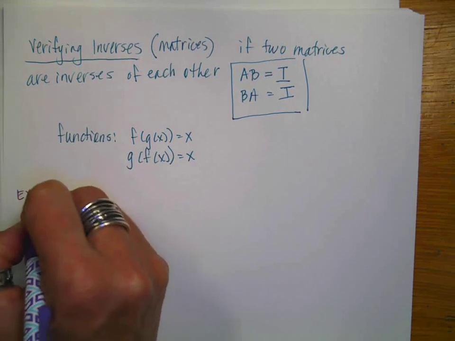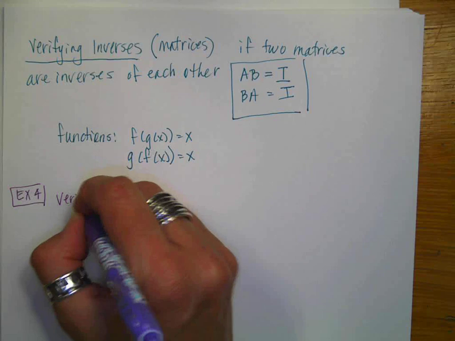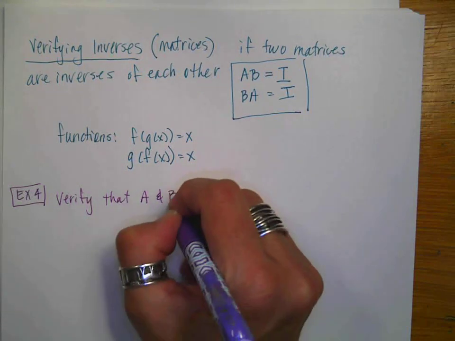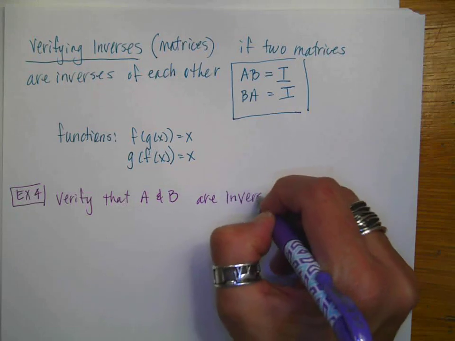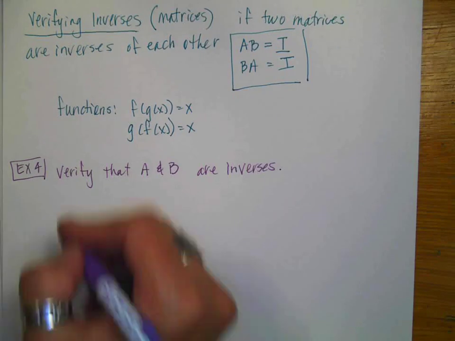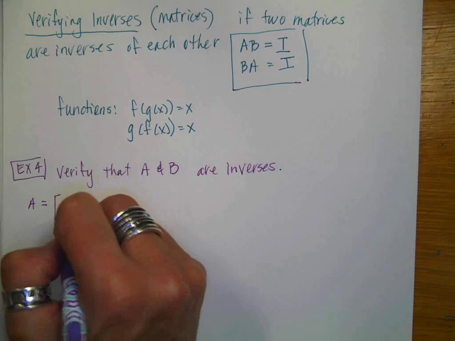So for our next example, example number 4, it says verify that A and B are inverses. And so I'm going to do that math by doing calculator work.